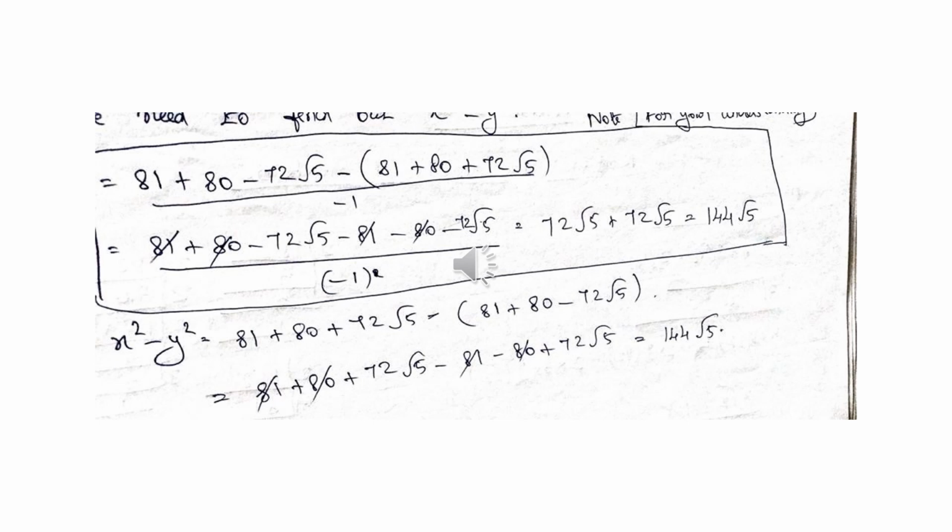So 2 root 3 minus 1 by 2 root 3 minus 1, plus 17 by 2 root 3 minus 1. Here we need to take the opposite sign, so 2 root 3 plus 1, 2 root 3 plus 1. As I said earlier, we should apply the formula. So finally the answer we are getting is 78 root 3 minus 5 by 11.